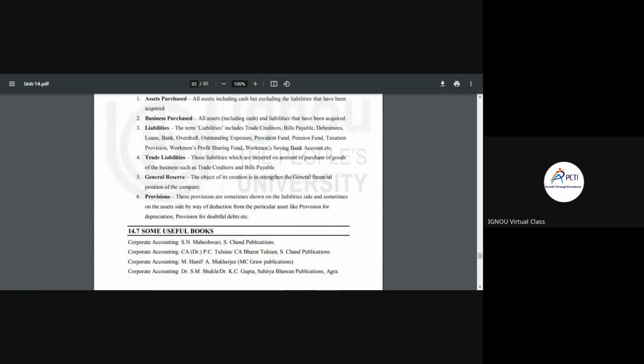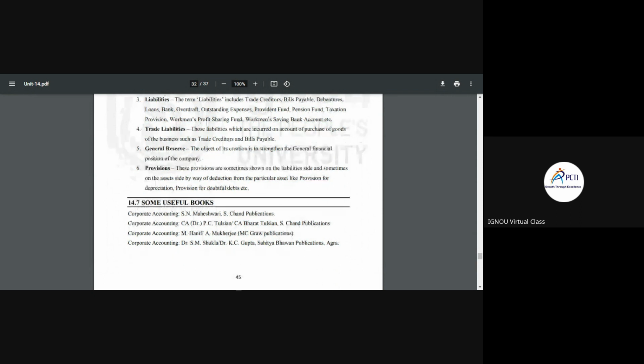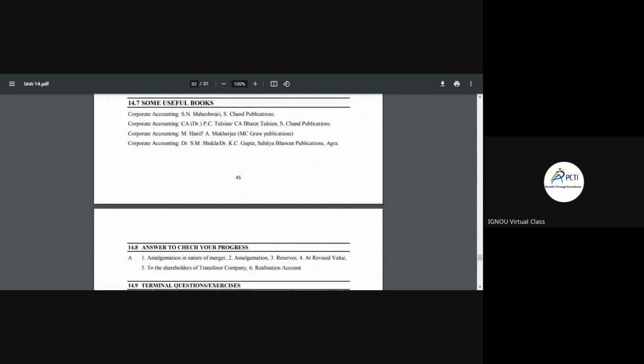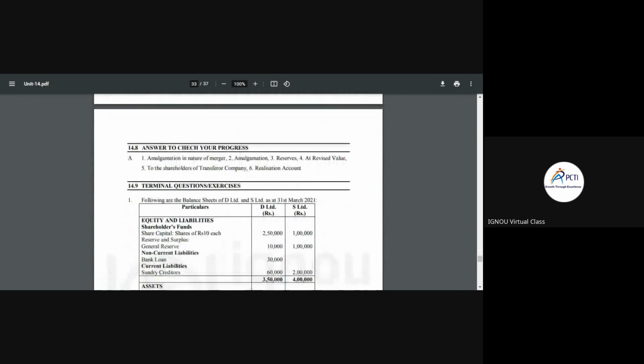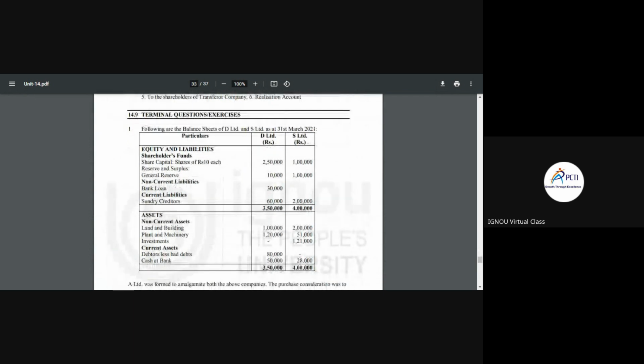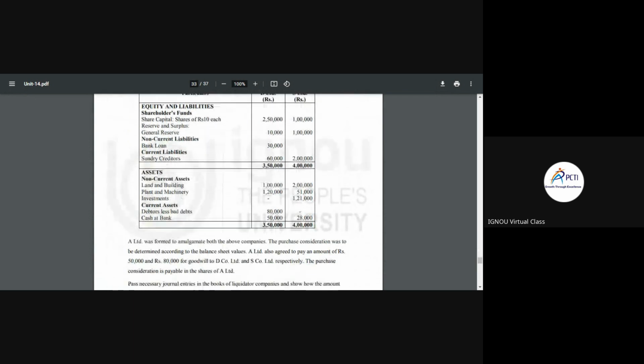Then we have the trade liabilities for the creditors and bills payable. Then we have general reserve, and then we have different provisions like provision for depreciation and provision for doubtful debt. In this way you can check all the illustrations which are given to you, and you can try these at your home.